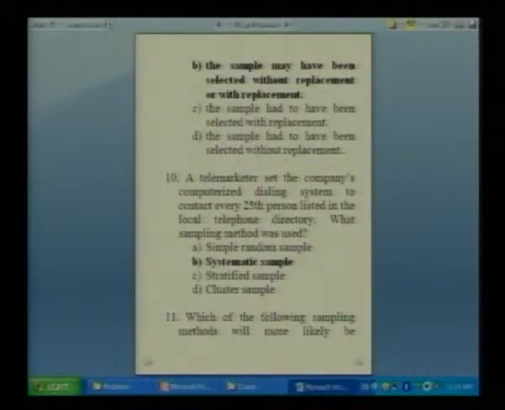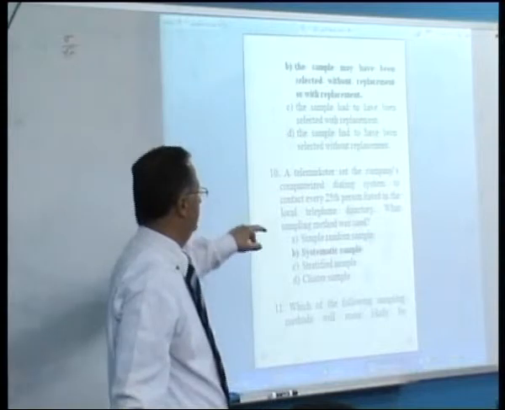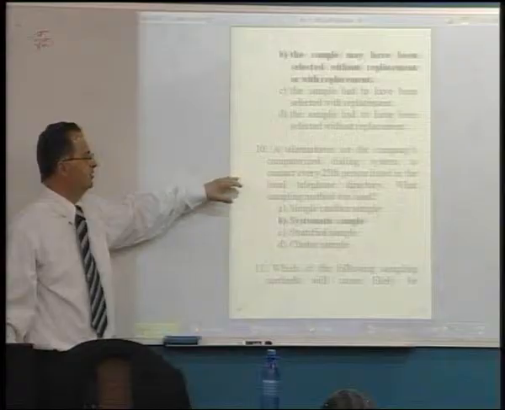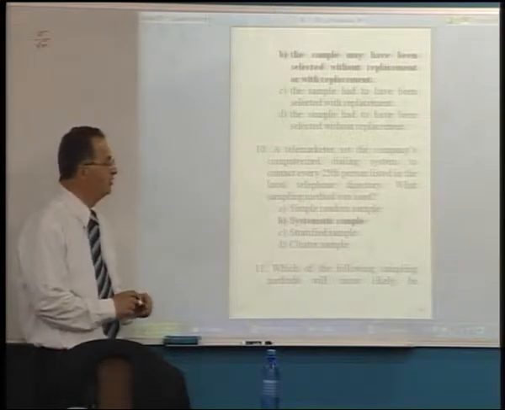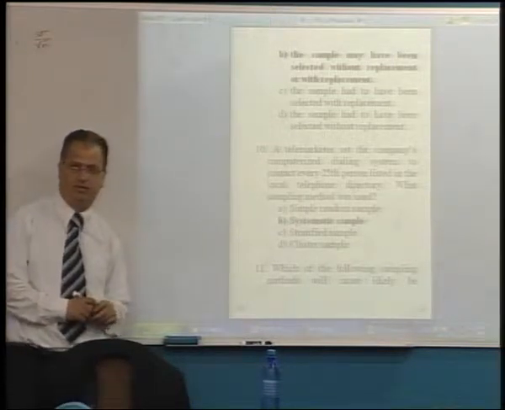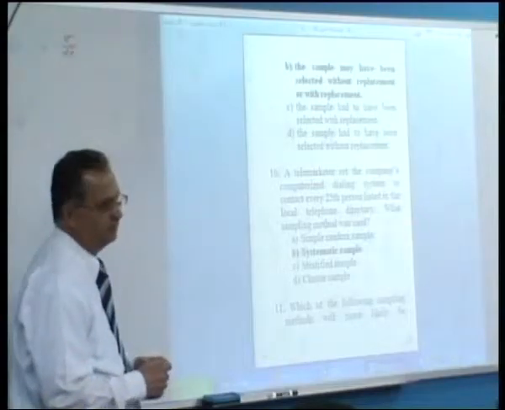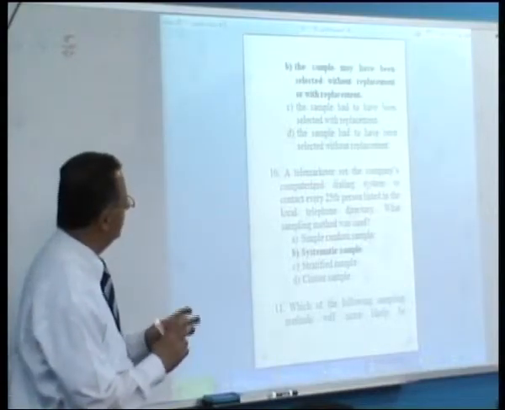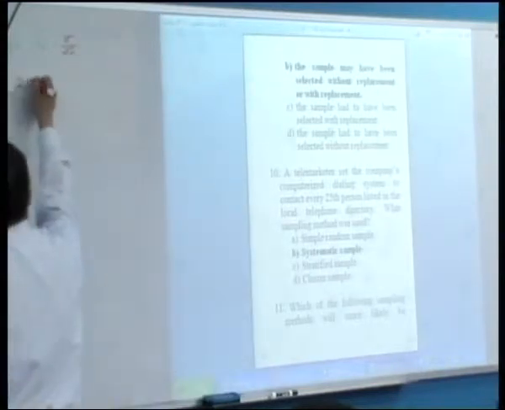Look at number 10. A telemarketer set the company's computerized dialing system to contact every 25th person listed in the local telephone directory. So the company selects the person in the 25th position.